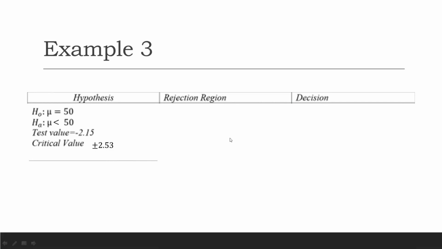So, the rejection region is on the left dahil less than po tayo. Di ba sa directional test natin is kapag left or less than, sa left region tayo or one tail. So, this is negative 2.53.